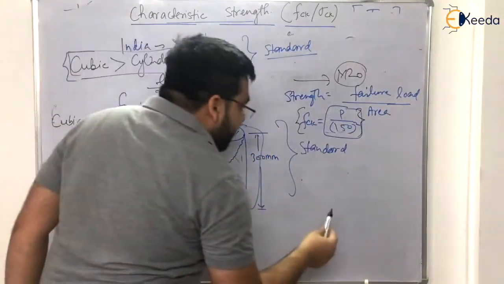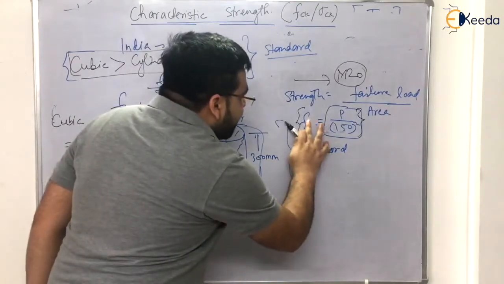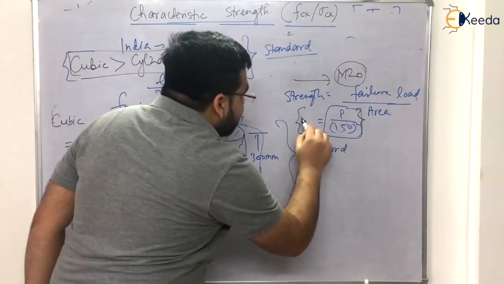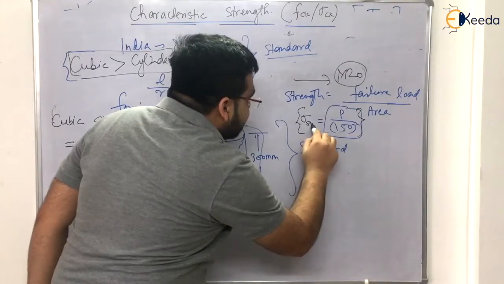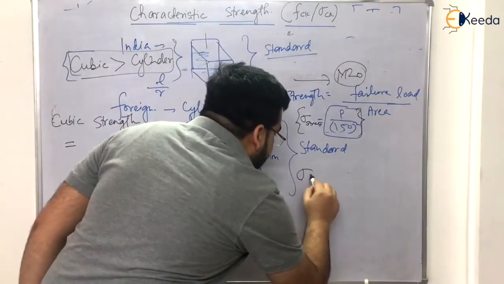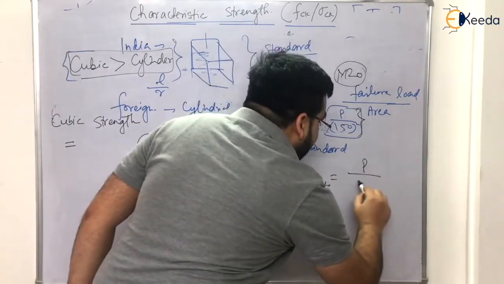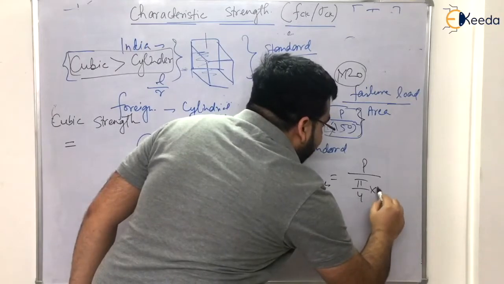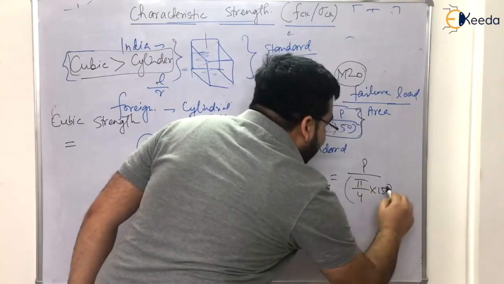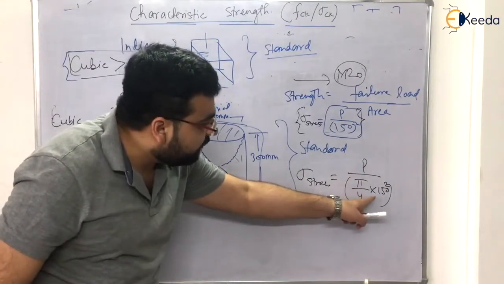But in case of the cylinder, if you are applying the same load P, the stress, let us say sigma, will come out to be P divided by pi by 4 into 150 square.